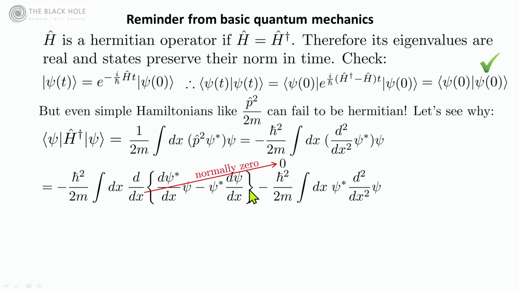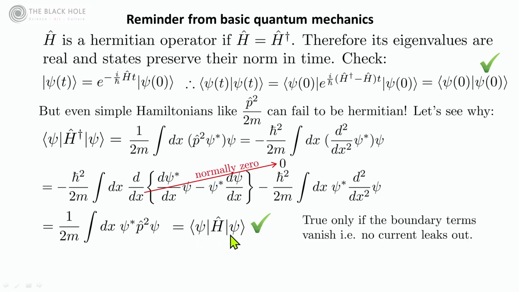If psi is real, then this term over here, which you will recognize as the current, well, that current is not leaking out at infinity. So that's 0, which means that this thing just becomes p squared over 2m, and that's, of course, equal to the norm, that's equal to H psi with psi. And that's exactly what one means by a Hermitian operator.